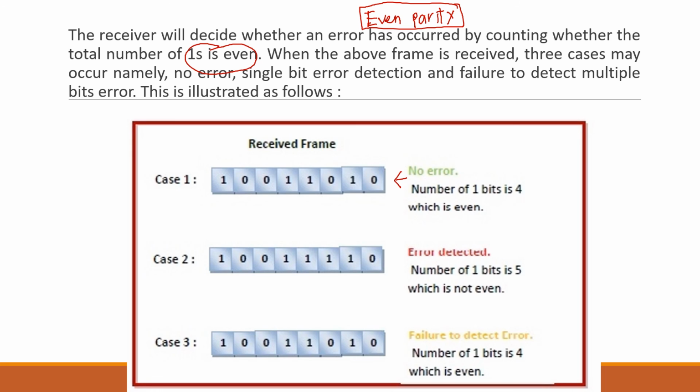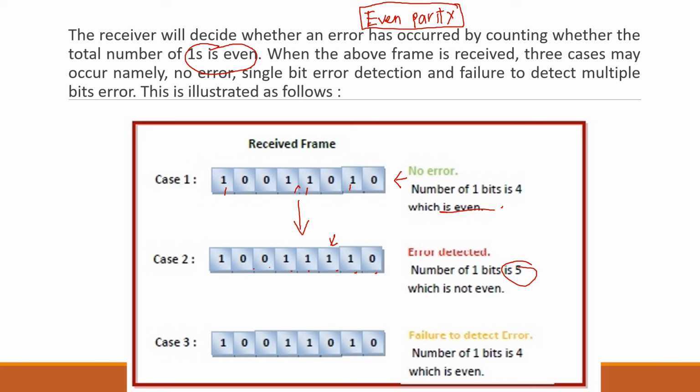For example, you have 1, 2, 3, 4, four 1s, which is even. If the transmitted number now becomes 100111110, the number of 1s here is 5. There is an extra 1, which we don't know, and that's called the error.